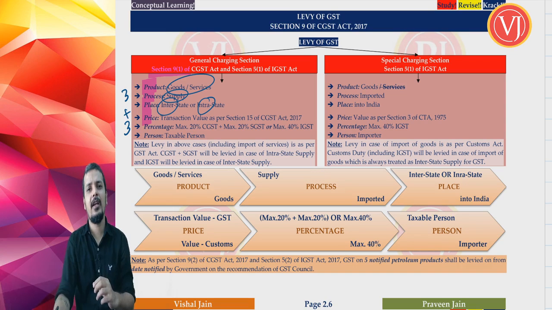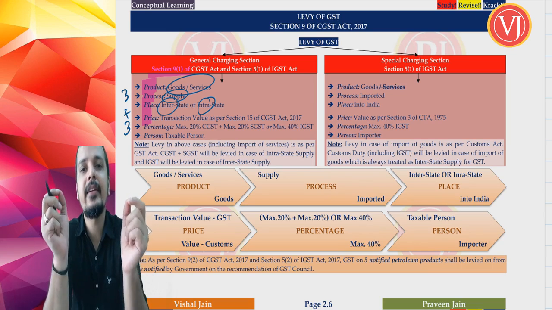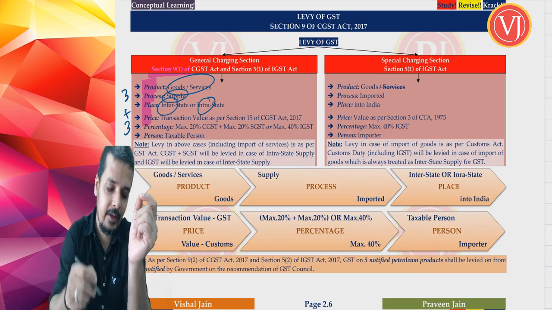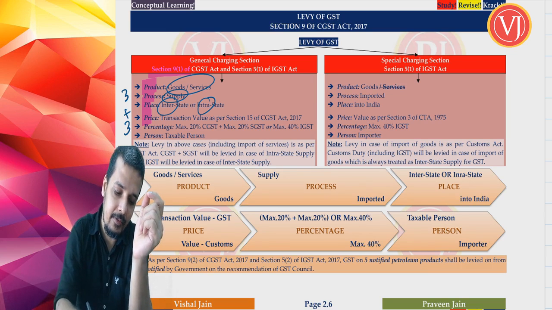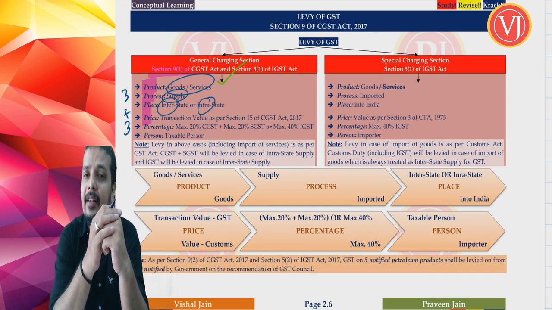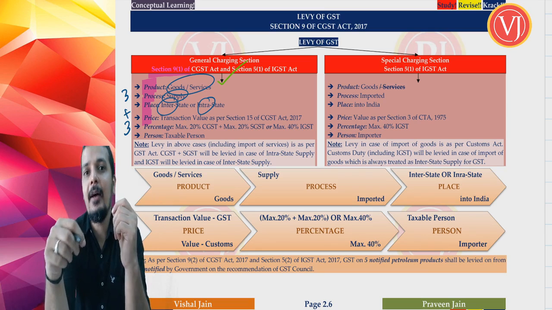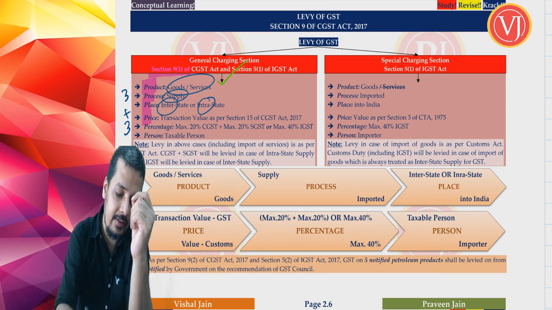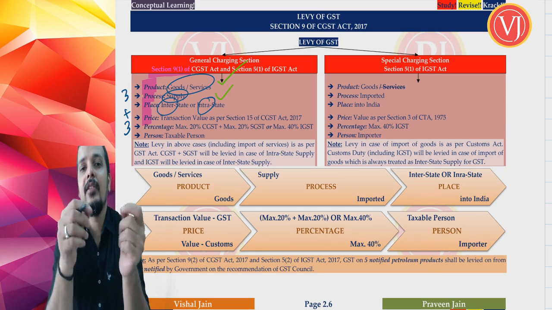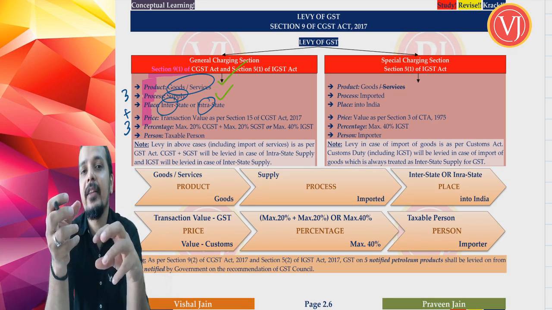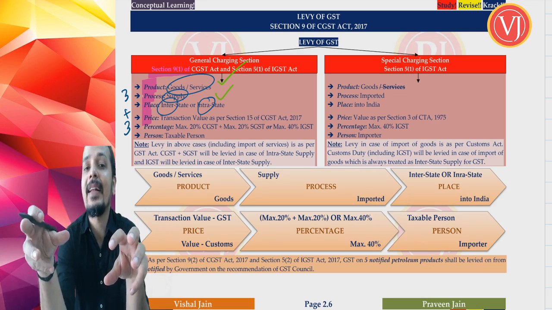Supposing you are talking about paying GST, so you ask yourself, the item that you are dealing with, is it goods or services? Yes. Then you have satisfied the term product. Ask the next question: is the activity that is happening supply? If it is yes, then go to the next step. Then ask yourself, is it intrastate, within the state or within the union territory, or is it interstate?